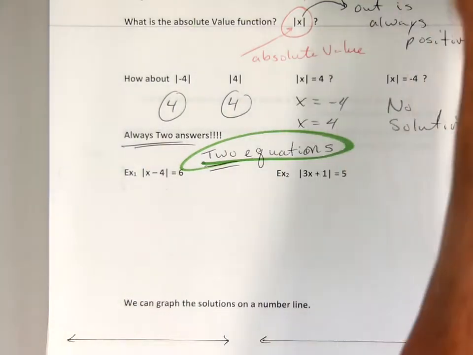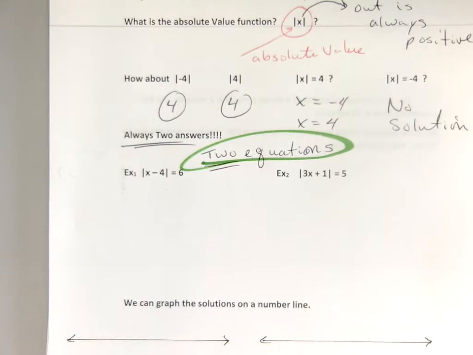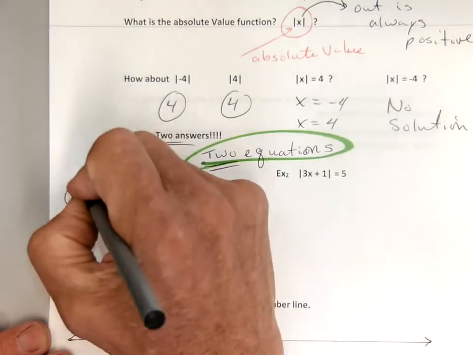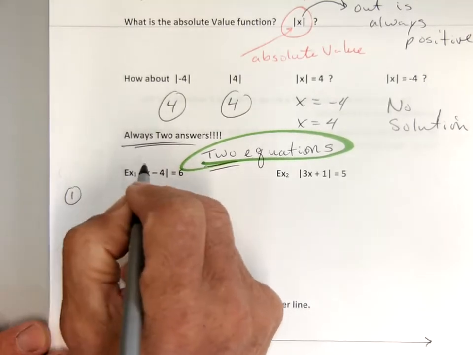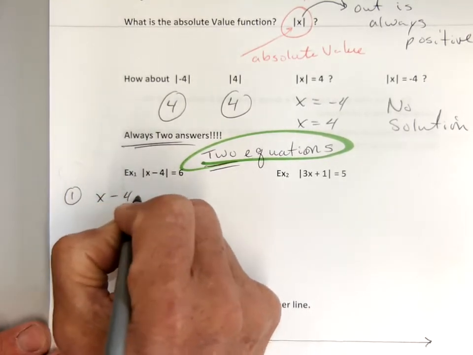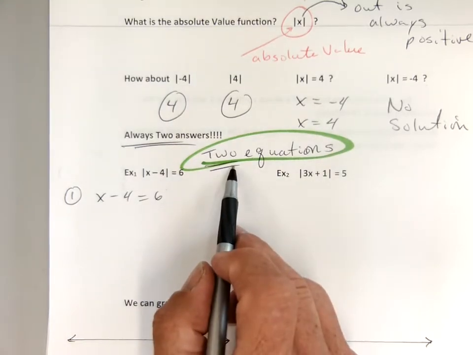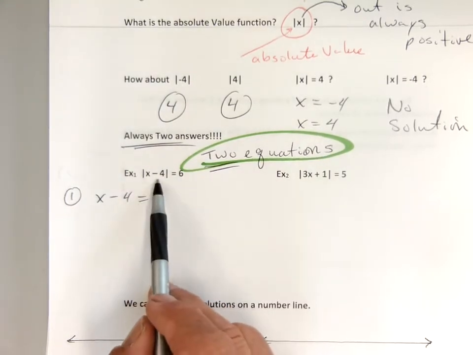Okay, so here's how it works. 2 equations. My first equation is going to be the positive one. It's going to be x minus 4 equals 6. I got rid of the absolute value symbol, and I'm going to use my positive equation. To get 2 equations, I'm going to take x minus 4, make it equal to 6.